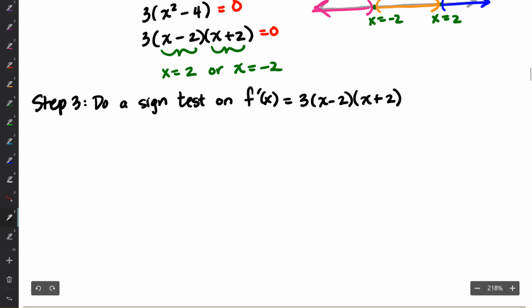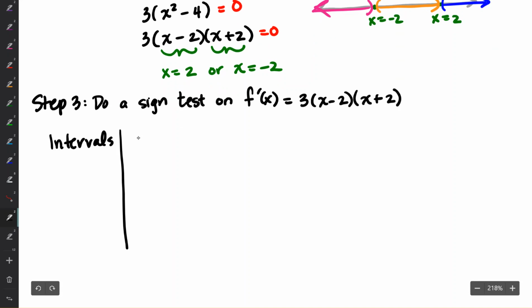All right, so however you want to organize it, I'm going to put my intervals here. I'm going to figure out if f prime is positive or negative.